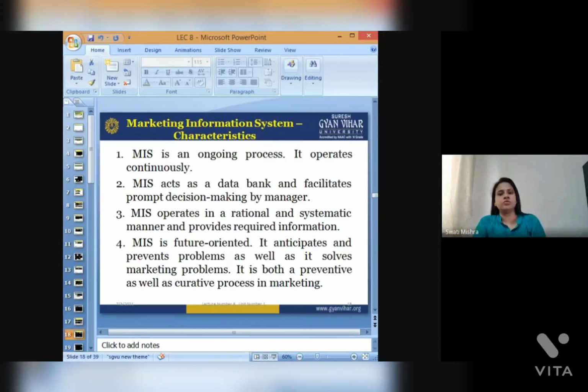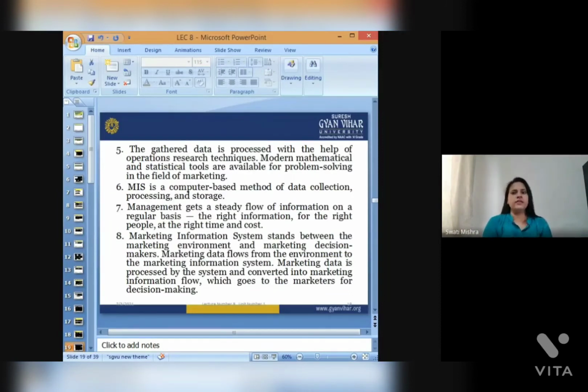It is both a preventive as well as a curative process in marketing, and the data gathered by MIS is processed with the help of operations research techniques. Modern mathematical and statistical tools which are available for problem solving in the field of marketing are also used by marketing information systems. So, MIS is basically a computer based method of data collection, processing, and storage.